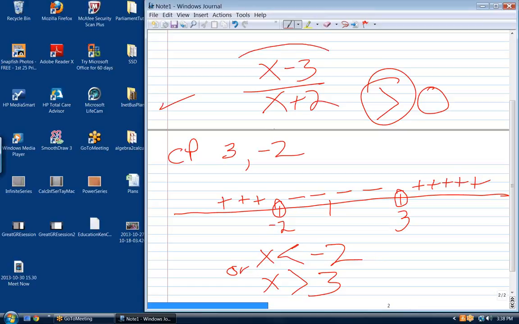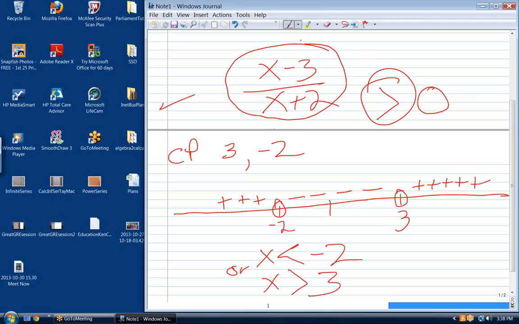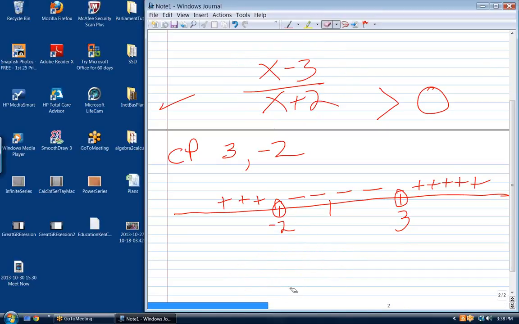Let's look at a harder problem where we have a ratio of two linear functions. Well, again, my critical points are whatever makes the denominator 0, which is -2, or whatever makes the numerator 0, which is 3. So I have the same critical points, only now let's try -3 again. Oh, interesting. This is going to give us the same answer.